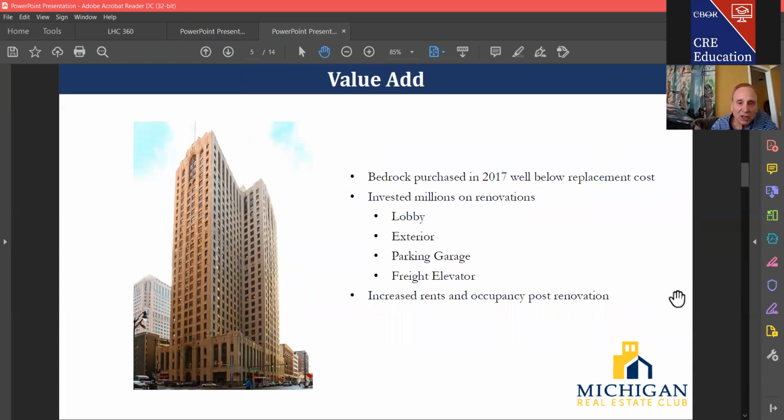There's your value add. Okay, this is the Buell building. In this case, it was purchased several years ago by Bedrock, a quality downtown building built in the 20s.